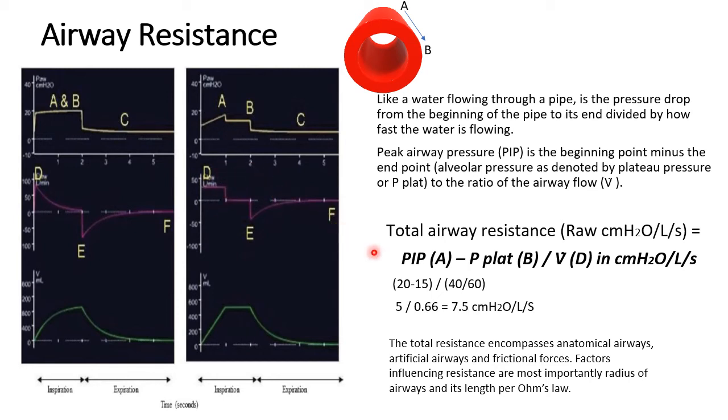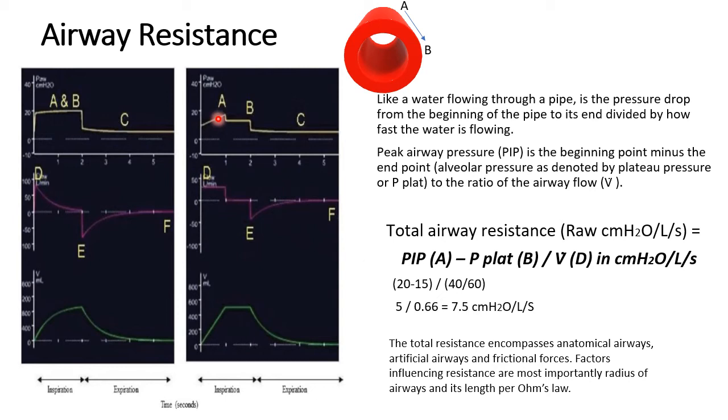So the equation will be peak inspiratory pressure minus plateau pressure, which is point A to point B, divided by the flow. Inspiratory flow in this example is 40. Notice that the airway resistance is in centimeter water per liter per second, but the flow of the ventilator is giving us liter per minute.